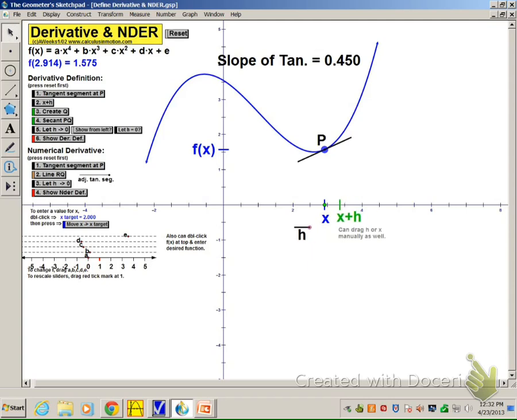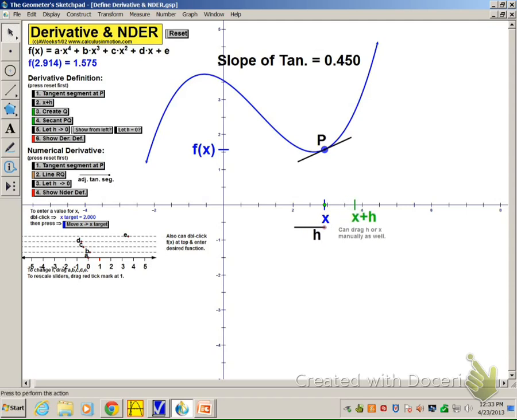So the length of h is this right here. I can't point to it, but as we change the length of h, it moves this other value, x plus h, away from or towards that value of x. So we can mess with the length of h.